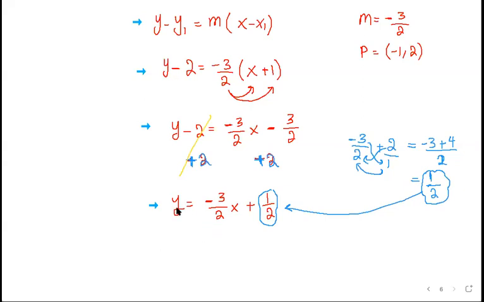So my equation is y equal minus 3 over 2x plus 1/2. Okay. Let's go to the next slide.